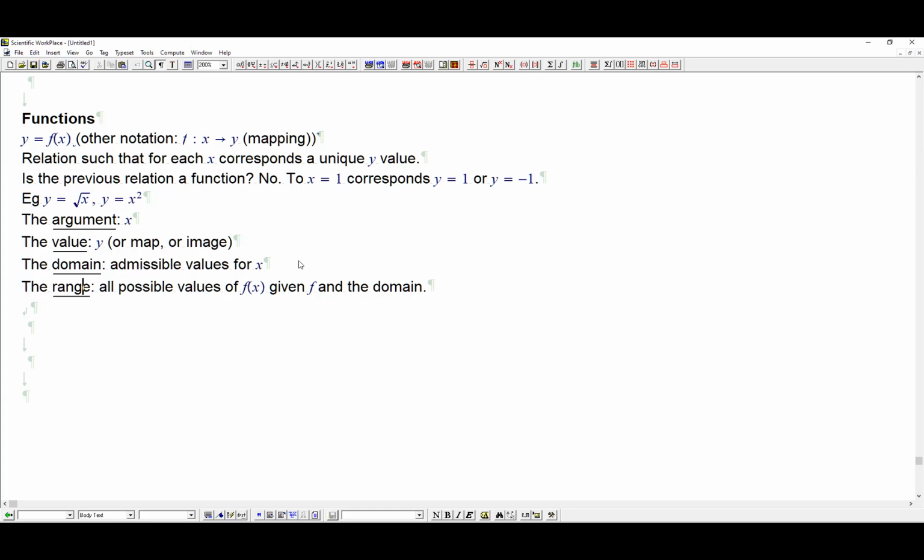And then what is the range? Well, it's all the possible values that I could get from the domain that I specified and f itself. So for instance, here, could I get a value of y in the range of, say, -1? No, exactly.